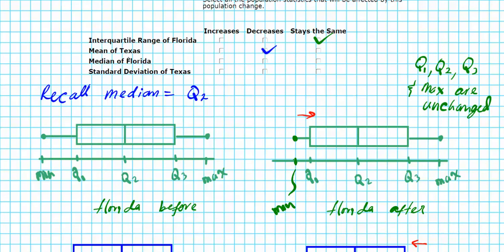Remains unchanged. So the median, or Q2, remains unchanged for Florida. Same applies to Texas because only the maximum, or the largest, was altered in the case of Texas. Okay, and then for the last one, it talks about the standard deviation of Texas. So let's take a look at that.